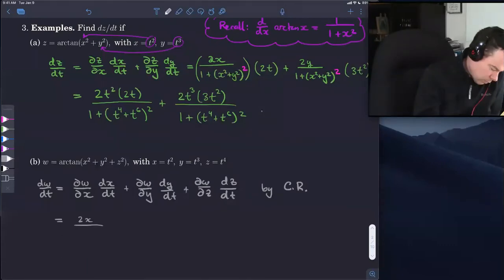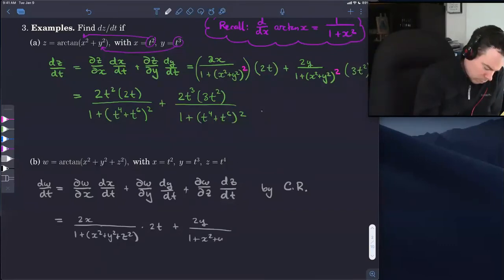2x over 1 plus x squared plus y squared plus z squared. That's the derivative of the first part, times dx dt, that's 2t, plus 2y over 1 plus x squared plus y squared plus z squared. Again, I forgot the square on the bottom.